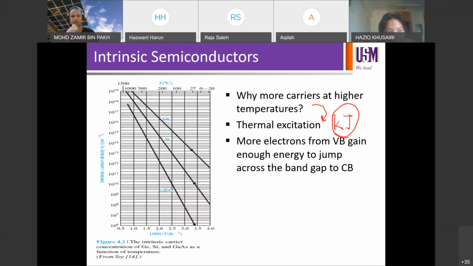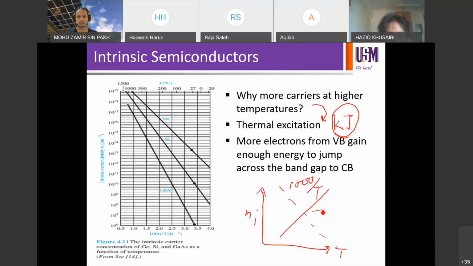You can also represent this by plotting something like this to make more sense: Ni on the y-axis against T. You will get something like that. This chart is about the inverse of T, so that's why you get something like that for 1000 over T, and this one is T. If you're plotting 1000 over T, you're going to get an inverse relationship.